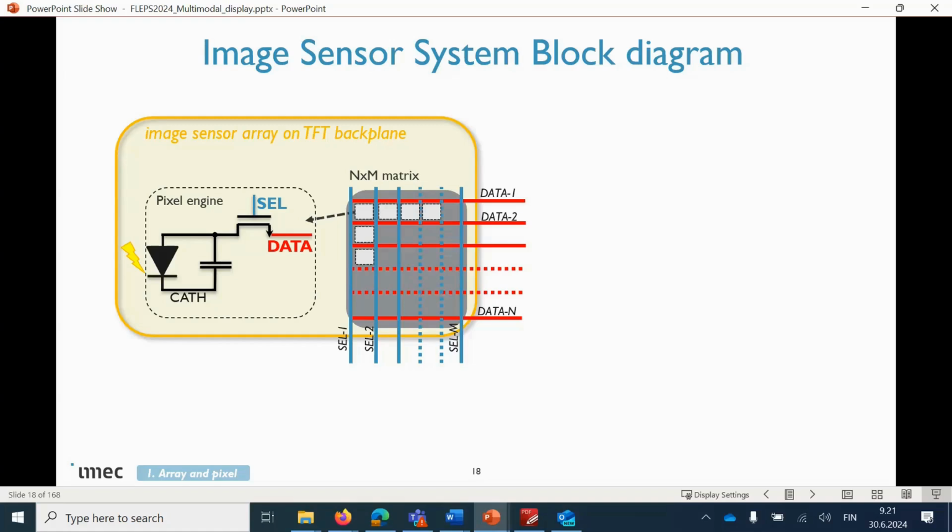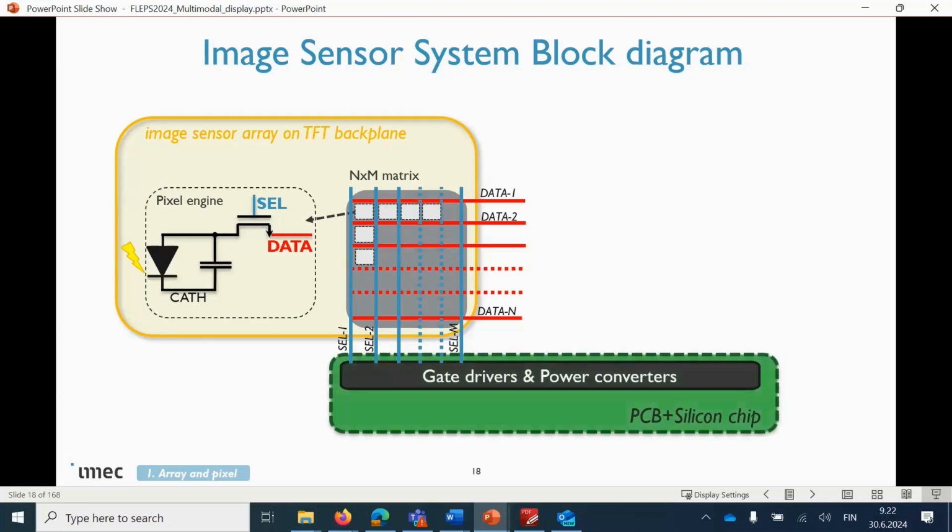Usually there is no extra capacitor needed inside the pixel. So the photodiode is sensing the light and produces electrons that are stored at the capacitor, and then using the transistor and selecting each pixel, you read out each of the pixels one by one.